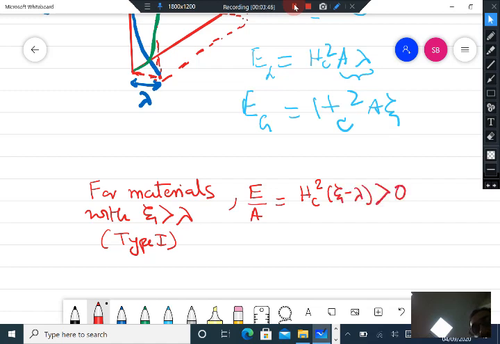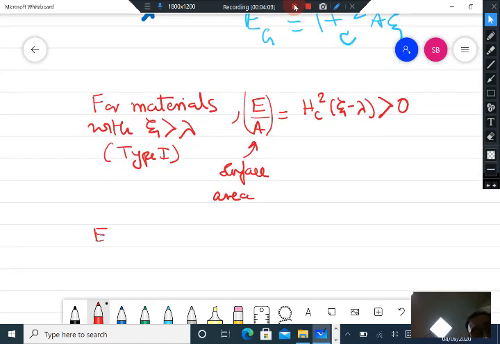This is greater than 0. Okay, so what this says is that the energy cost per unit area of the interface, where A is the surface area of the interface, is positive.